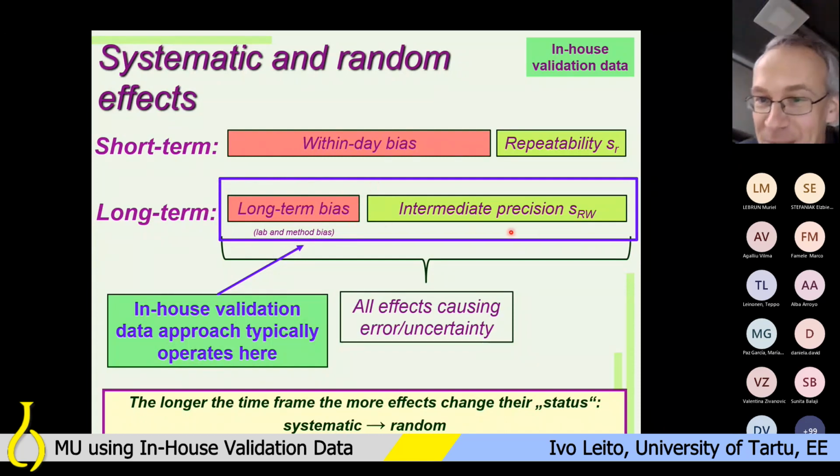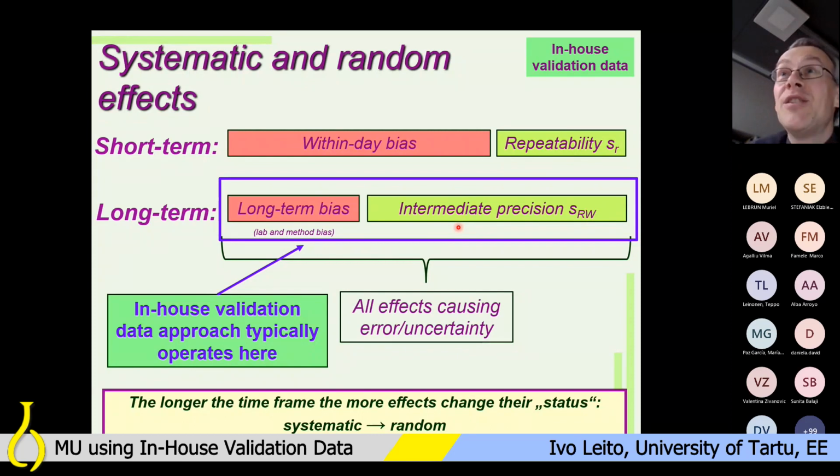And we want to have as many uncertainty sources as possible sitting in this block, because this can be quantified fairly easily as intermediate precision or within-lab, long-term within-lab standard deviation, just using some kind of reference sample, which again will be explained later in this webinar.